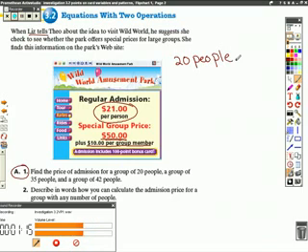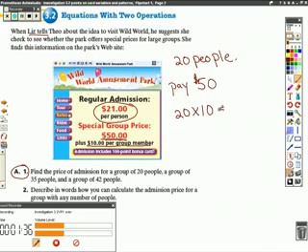So we know that they're going to pay $50 up front, and then it's $10 per group member. So if there's 20 people, that's 20 times 10, and that is going to give me 200.